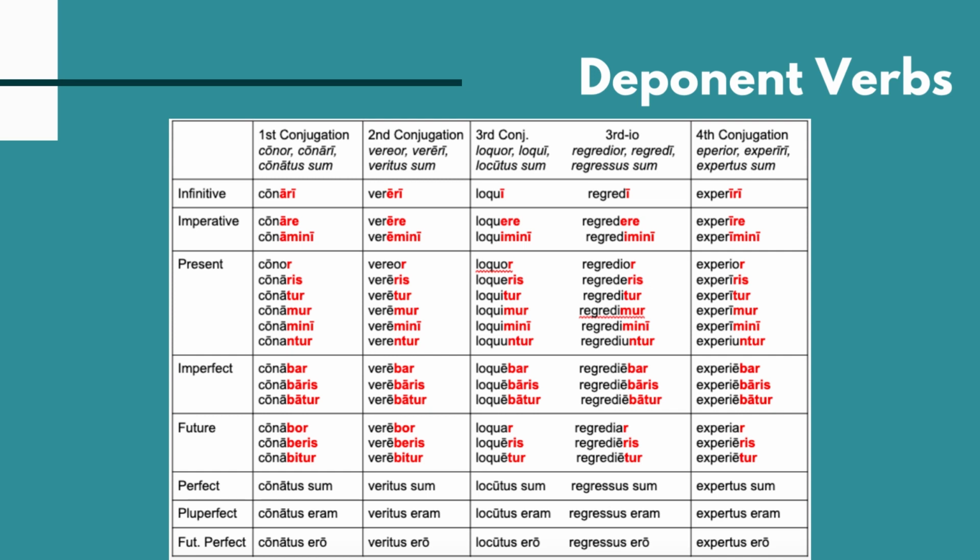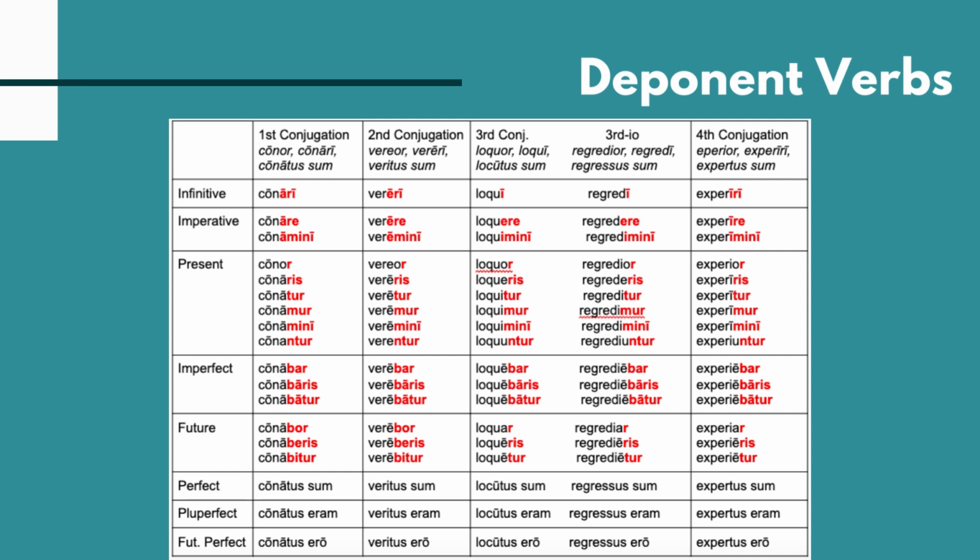Instead of bam, bas, bat, it's bar, baris, batur, and down the line. And for future, instead of bo, bis, bit for first and second, it's bor, beris, bitur, right? And for third and fourth, instead of the a and the e's, it's the r on the ending. It's still a and the e's, but you have or, eris, etur as your endings, right? Instead of m, s, t down the line, you're just using the passive endings. So again, what you learned for passive voice, you're applying here. You're just translating it actively.